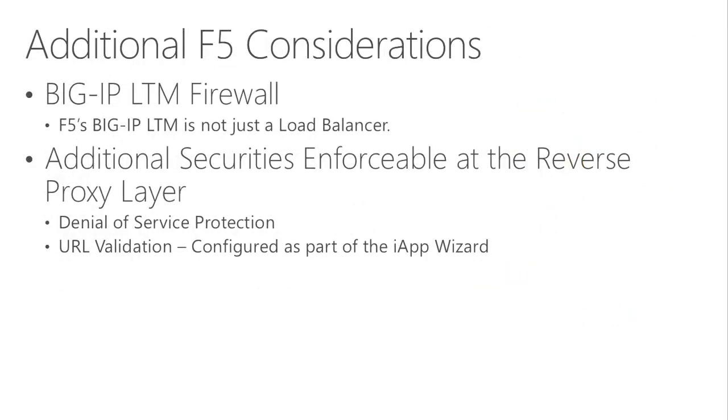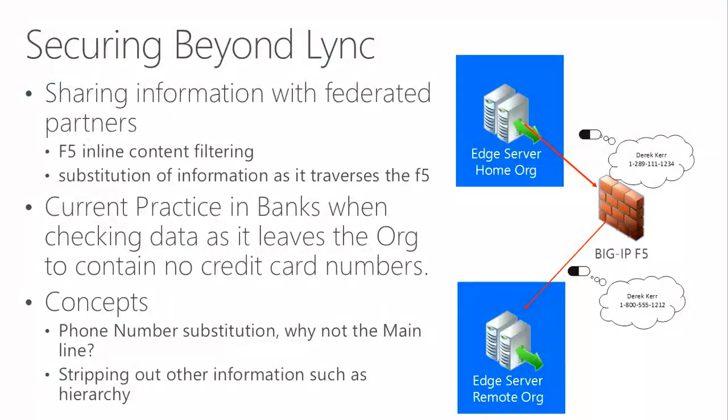So I just want to call out F5 here, not just a firewall. Does some great stuff with load balancer, has a great denial of service protection, URL validation as well, all configured as part of the IAP. So when we think about securing beyond Lync, this was something that I was talking with a few gentlemen at the back here. When we think about the information we federate, for instance.